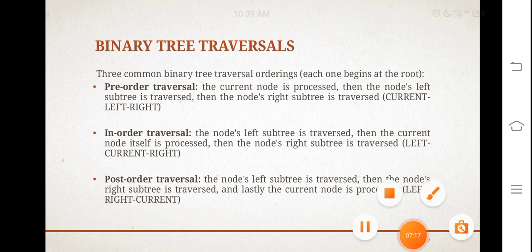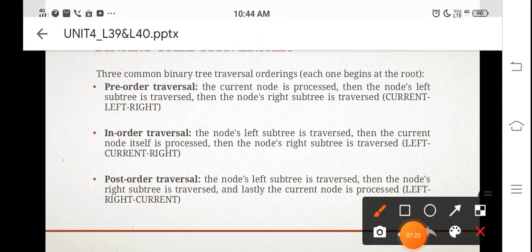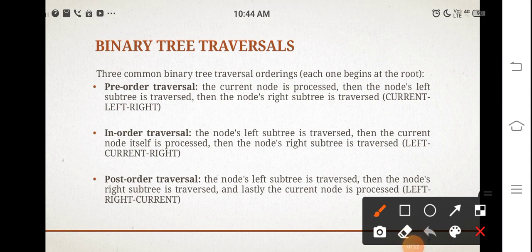So in the tree, first we process the current node, that is the root. Pre indicates that first, then left subtree, then right subtree of the binary tree. This is how we traverse with the help of pre-order traversal.